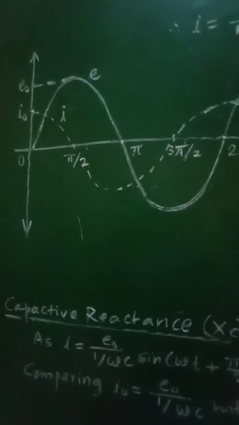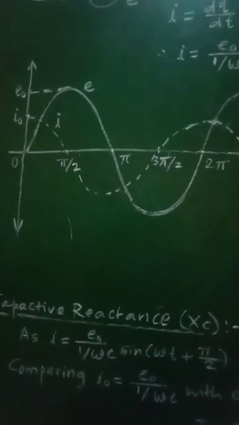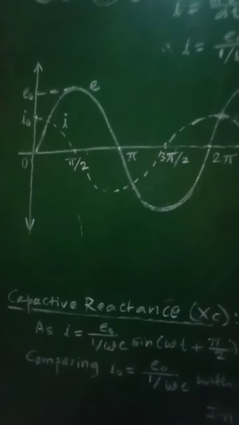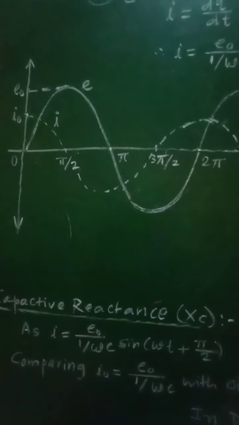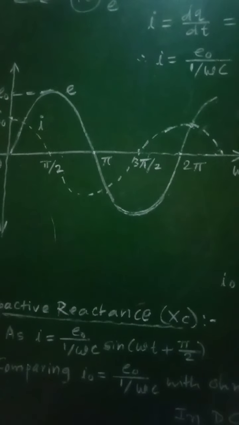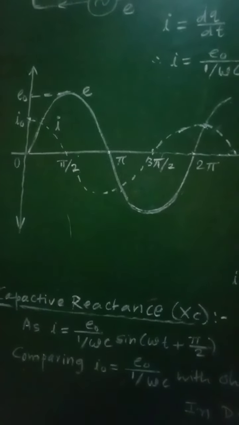Therefore, from this graph we can conclude that in AC circuits containing only a capacitor, that is, in case of a purely capacitive circuit, the alternating current I leads the alternating EMF by a phase angle of pi by 2.